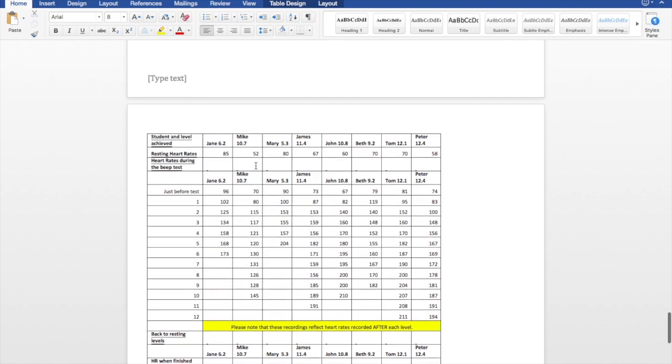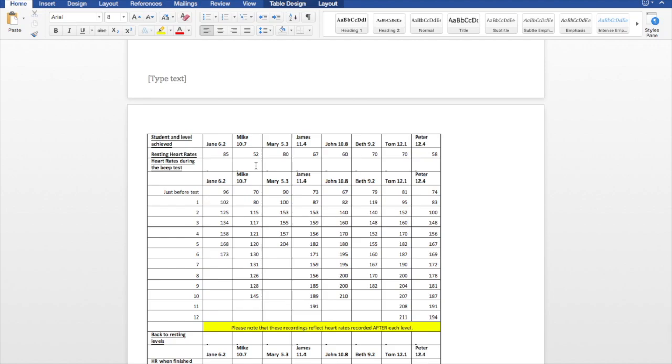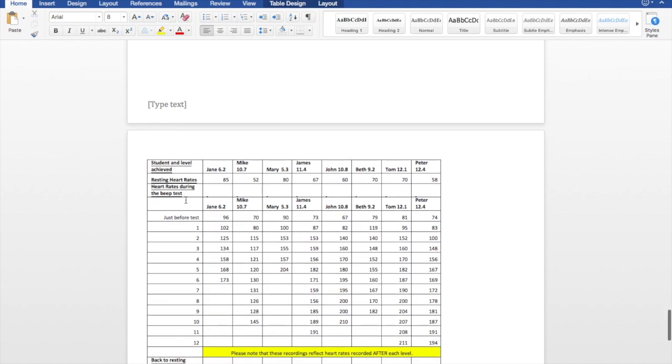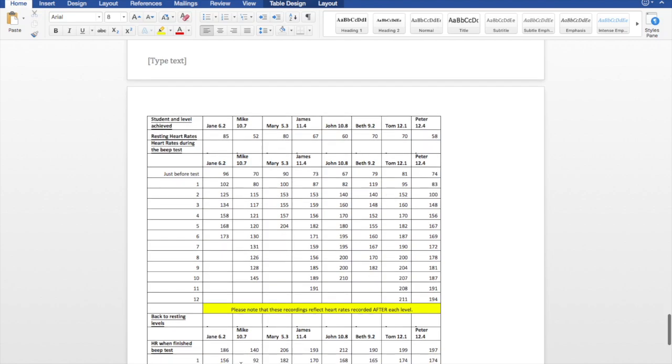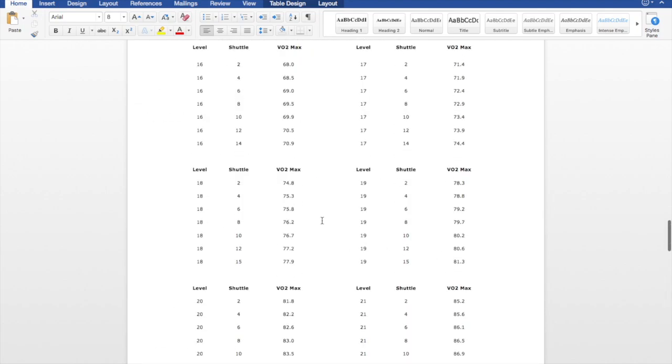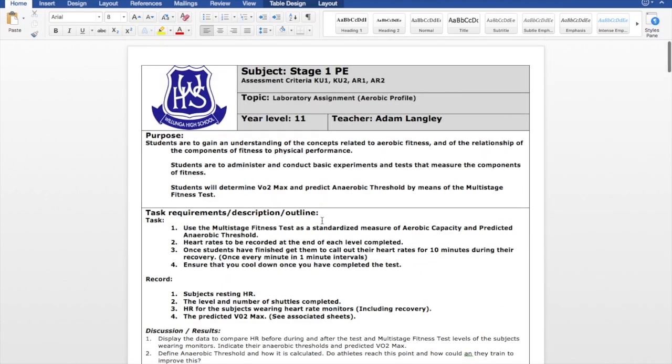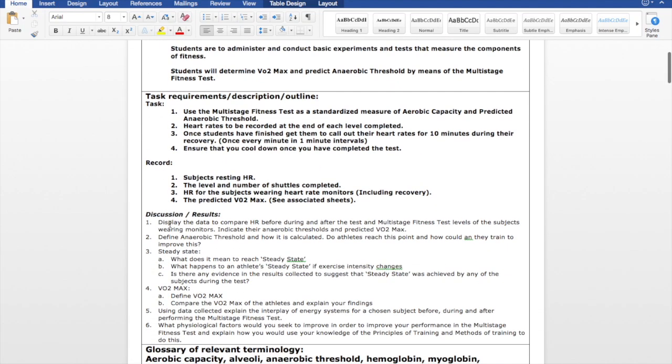So think about the way that you display this information, whether it be in a table like this and add a couple of things on, or whether it be in some graphs with them 3 key points, or if you're aiming for those higher grades, which I think you should be, you need to be utilising this information. You don't have to put it on one graph, you can put it on multiple graphs. It's entirely up to you. The question just says display the data so that you can compare them.